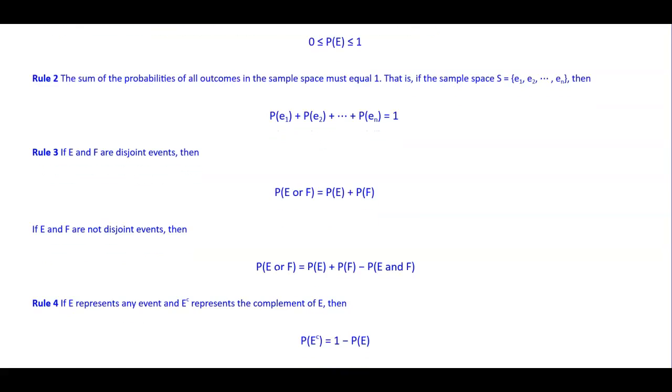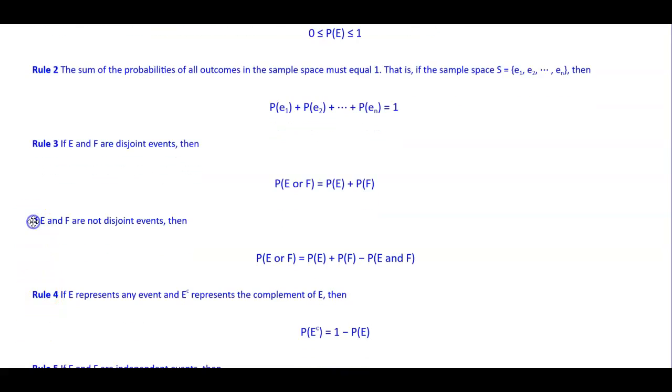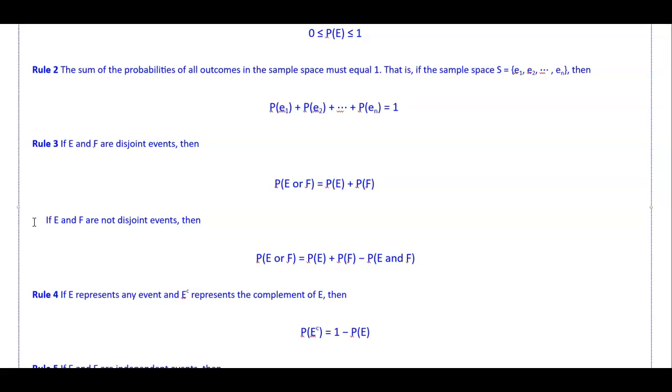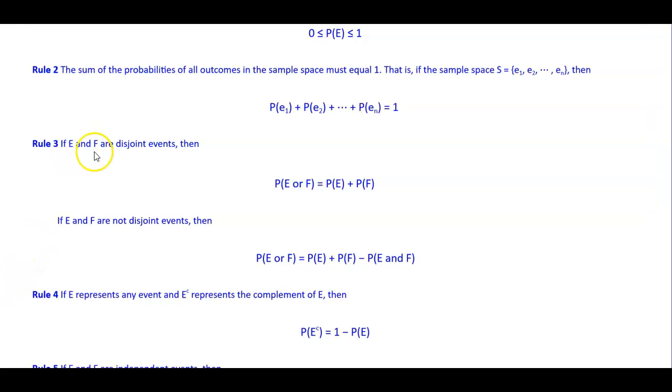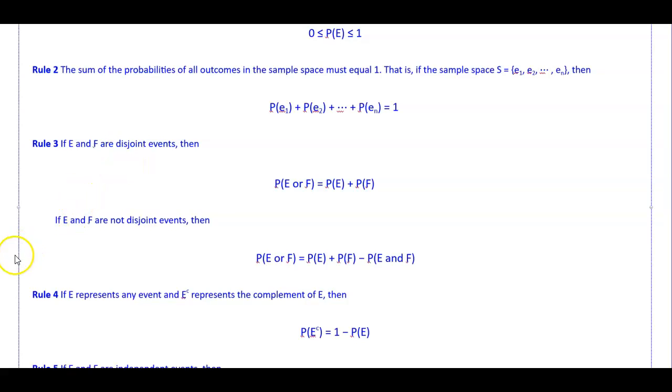Rule number 3 has 2 parts. The first part is that if events E and F are disjoint events, meaning that they do not have anything in common, then the probability of event E or F is equal to the probability of event E plus the probability of event F. So remember that if they are disjoint, we use this formula.